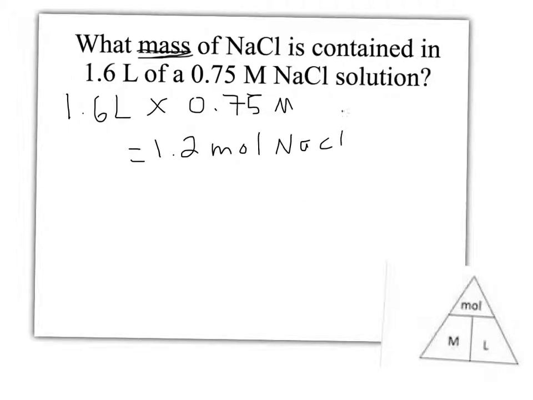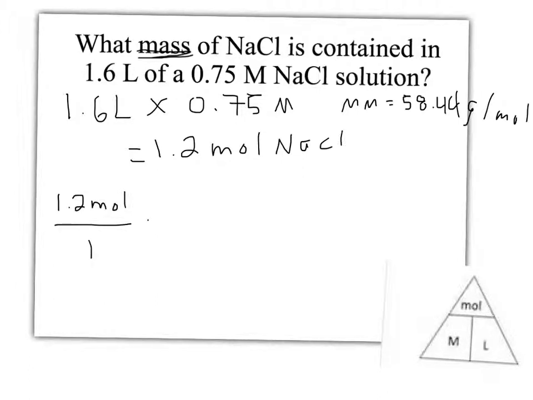I'm going to tell you the molar mass is 58.44 grams per mole. So let's use this. We start out with 1.2 moles over 1 times, on the bottom, 1 mole is 58.44 grams.